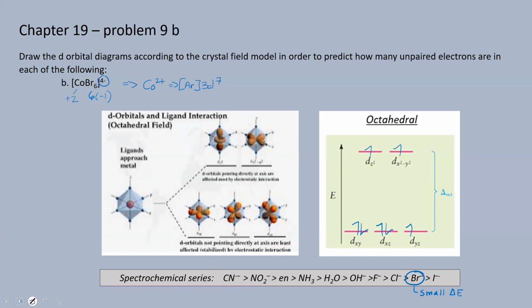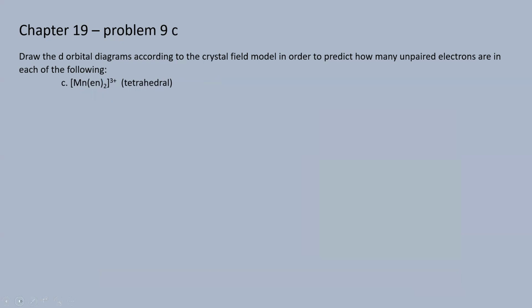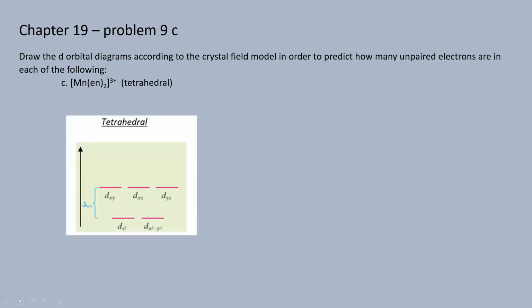All right, part C. Now we're looking at a tetrahedral. It's a totally different shape, so where the ligands are with respect to the d orbitals is not the same. With tetrahedral, it's harder to see, so I'm not even going to try to look at those graphs. Instead, I'm just going to focus on the splitting pattern.